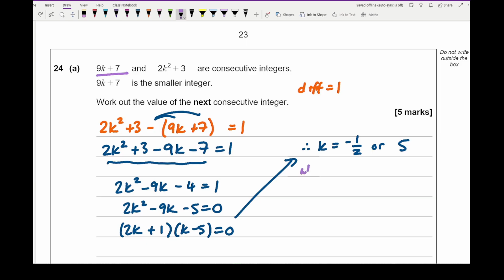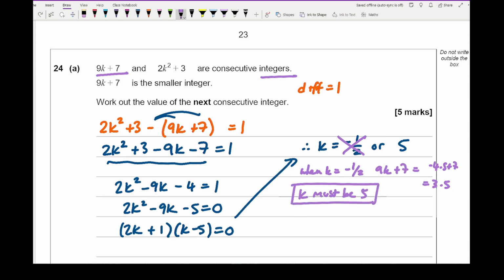So when k equals minus a half, 9k plus 7 is minus 4.5 plus 7, which is 2.5, which is not an integer. So therefore, it can't equal a half. So k must be 5.